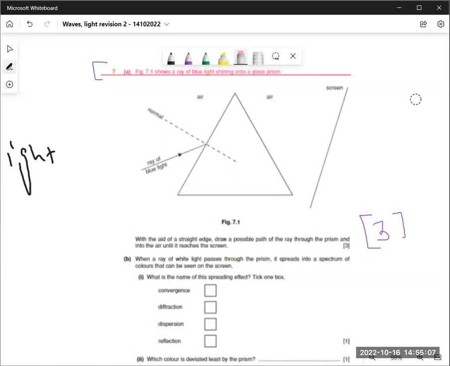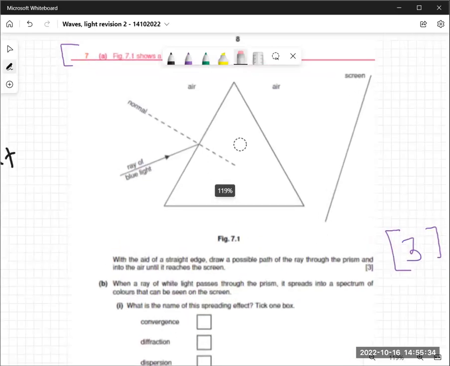You can also do it in your notebook if you're not able to draw. You have 30 seconds. The thing is, I don't remember the denser and rarer. Okay, let's do it right now.